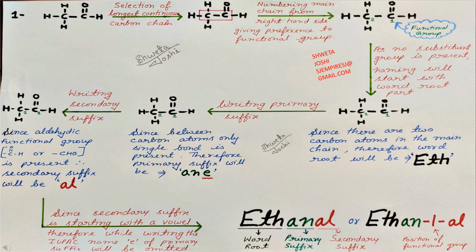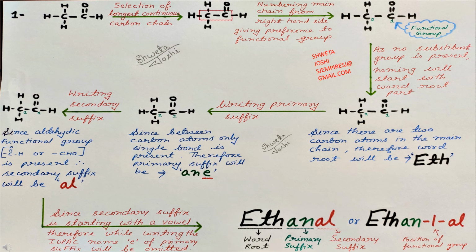So our first compound is CH3CHO. Following the rules of IUPAC nomenclature, first of all we are going to select the longest continuous carbon chain. In this case, the carbon chain is of 2 carbon atoms.